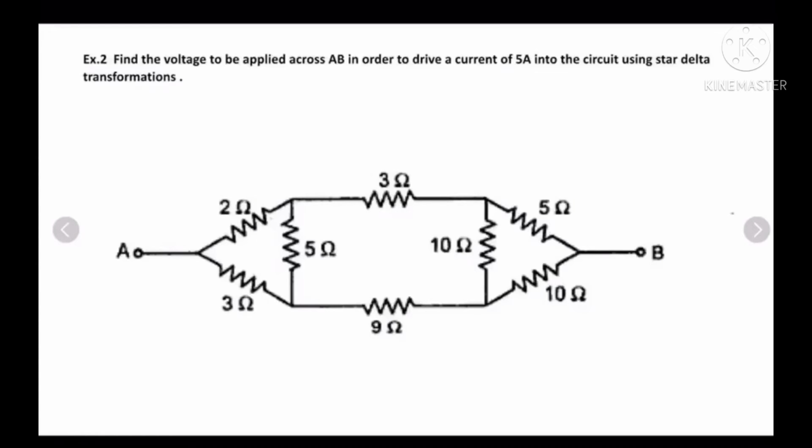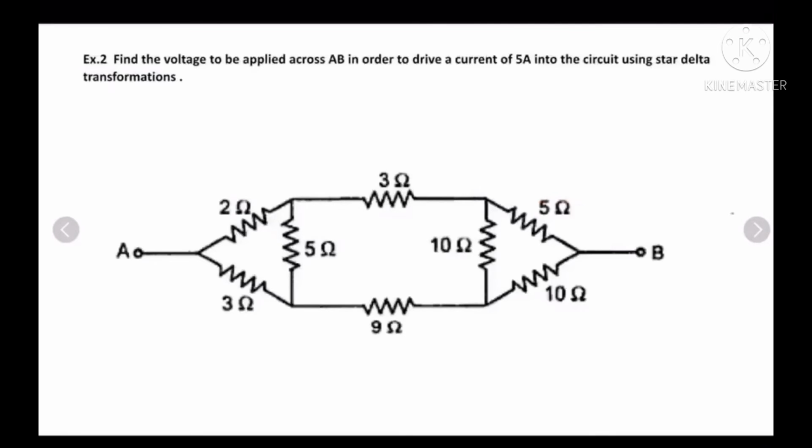So is there any star or delta? Yes, we do have two deltas in this circuit. One is here and the other is here. So what we'll do is convert delta into star.